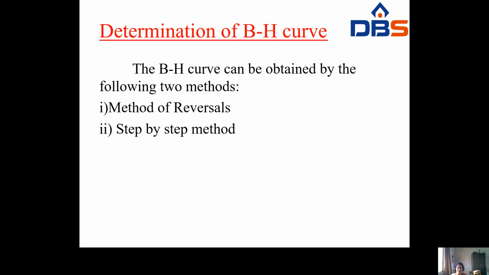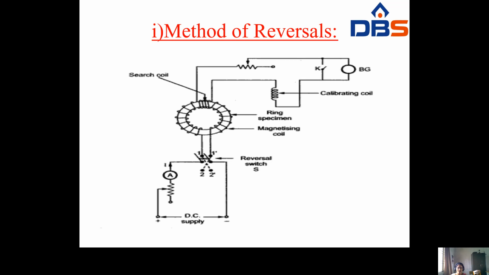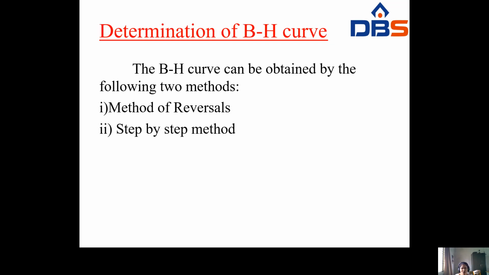Next one, determination of the BH curve. From this you can estimate the magnetic flux density and magnetic field intensity. This is one of the very important topics in this unit.